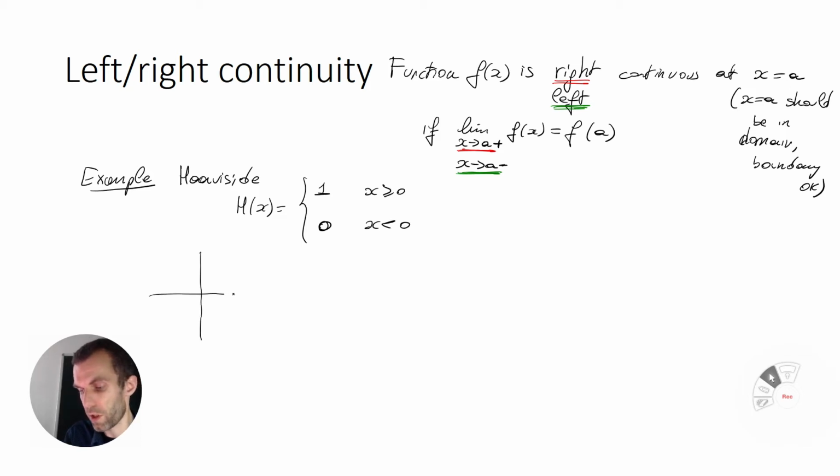So if we draw it, it's 0 here for negative x, and then it makes a jump at x is equal to 0, and there it becomes 1.